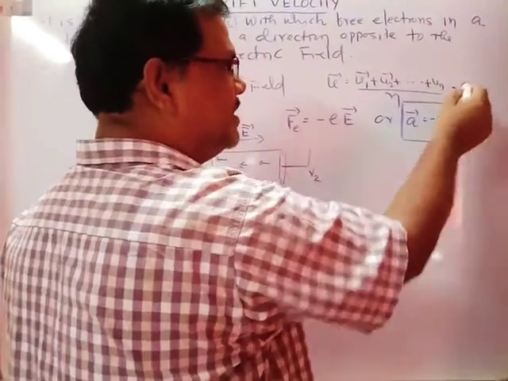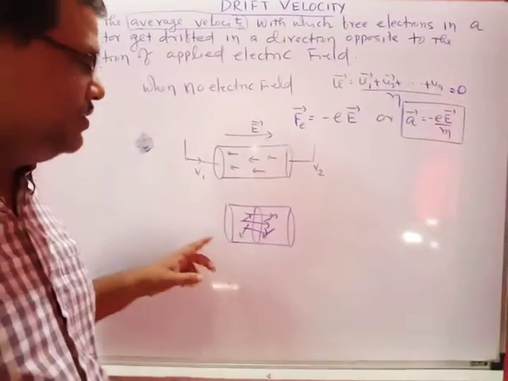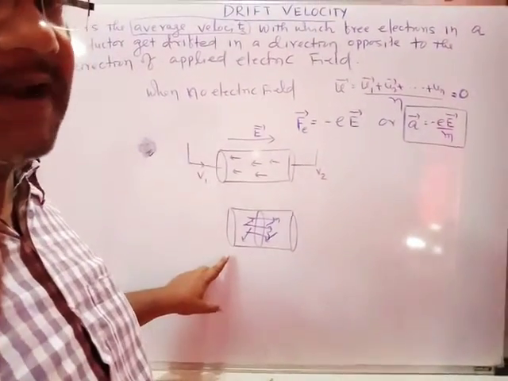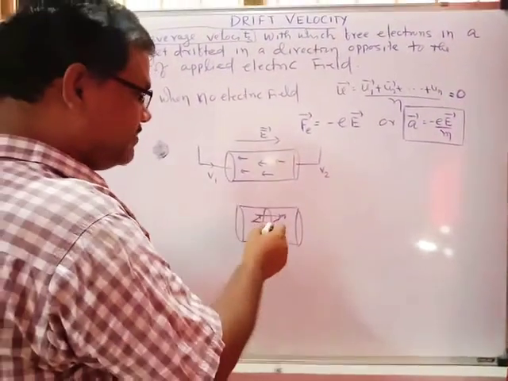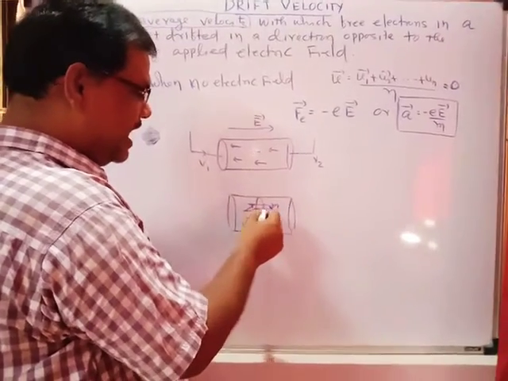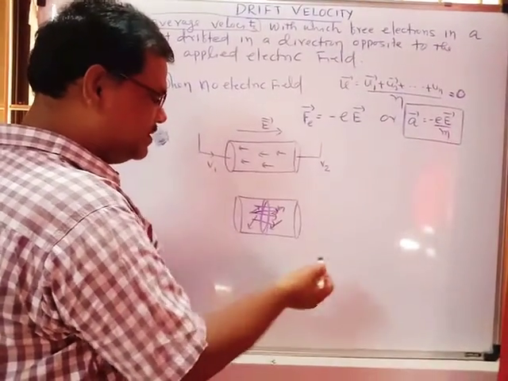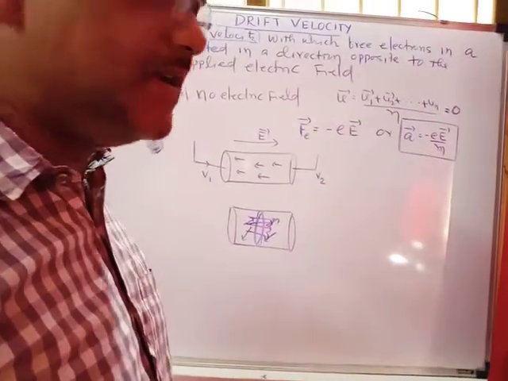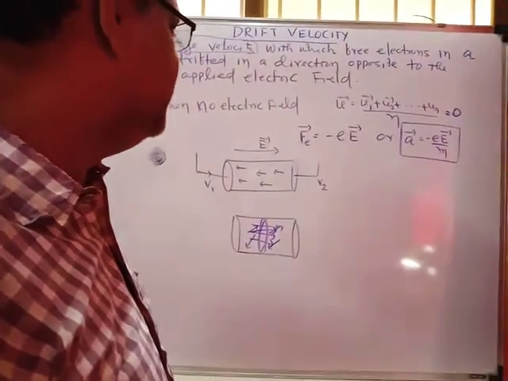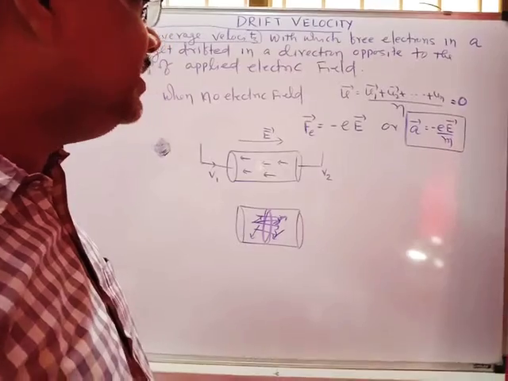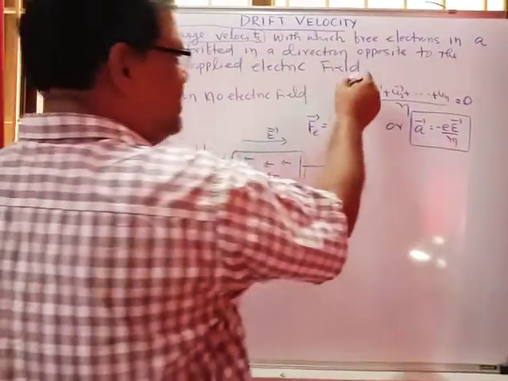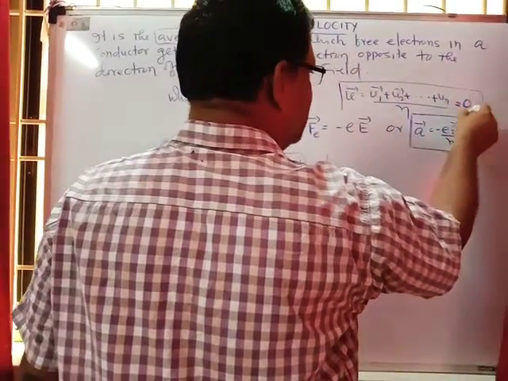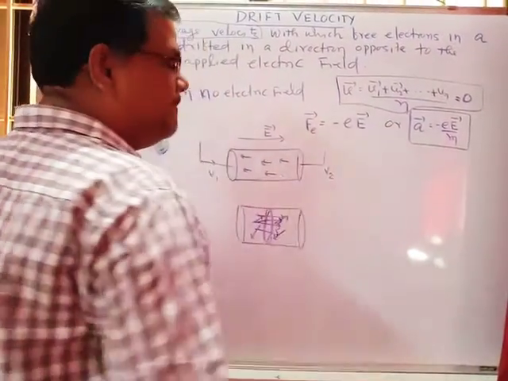All the electrons are moving in random motion, so across any cross section the average velocity will be 0, and in that case no current is set up, because we have not applied any PD. So that is the total average velocity of the electrons when no electric field is applied.